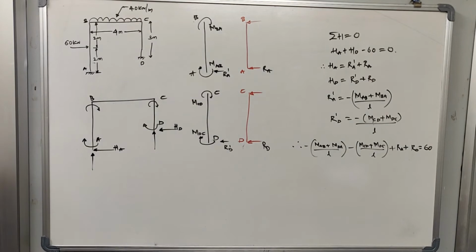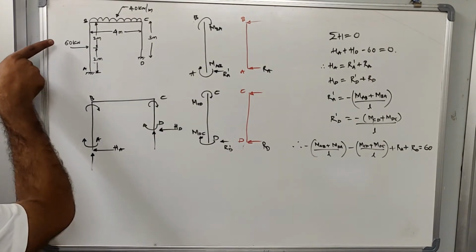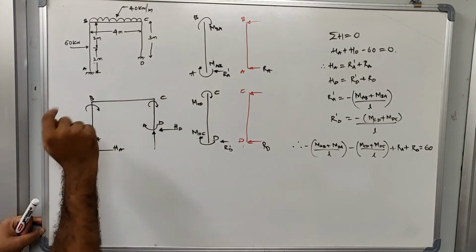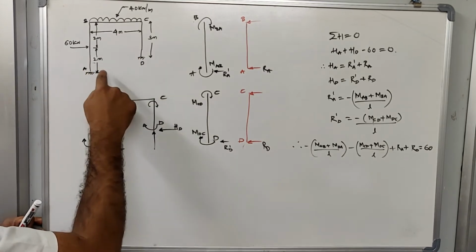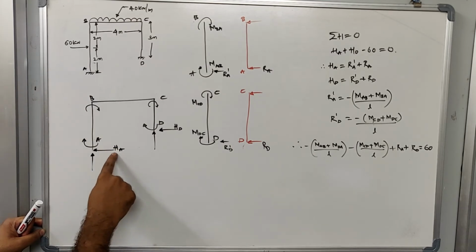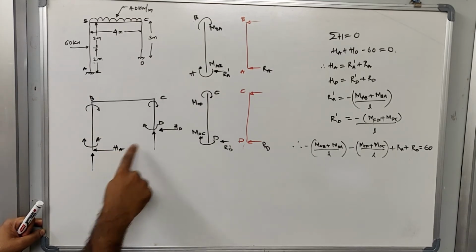There is an external horizontal force which is already acting. As you know, these are the two support ends. At these two supports, two horizontal reactions can be developed. With respect to that, I have given you the terms HA and HD.